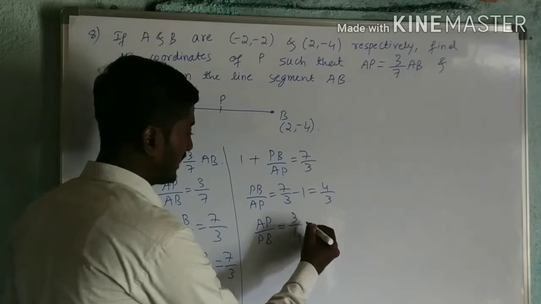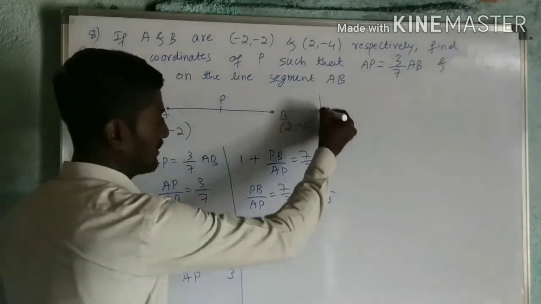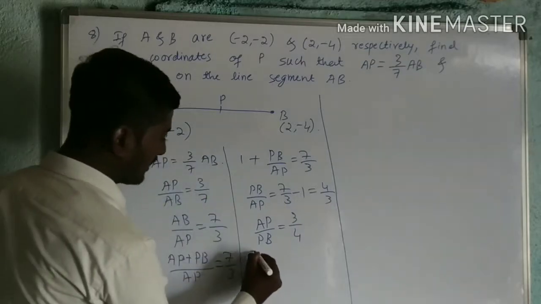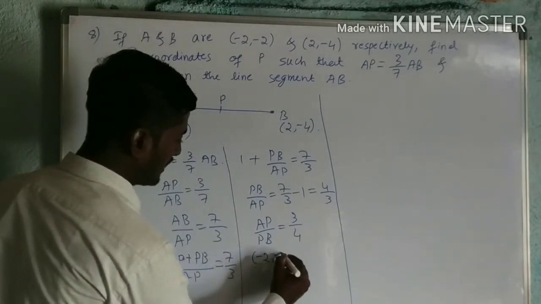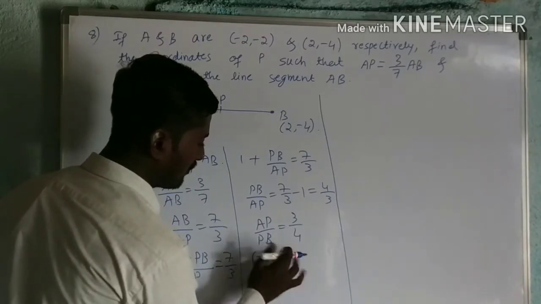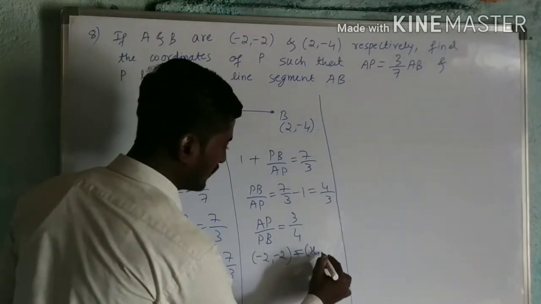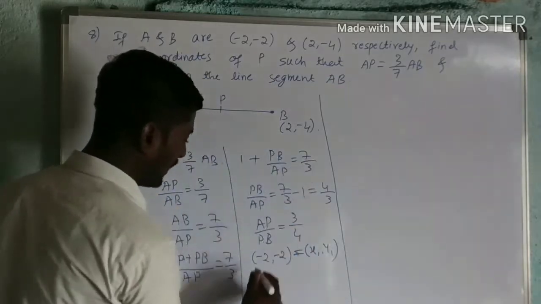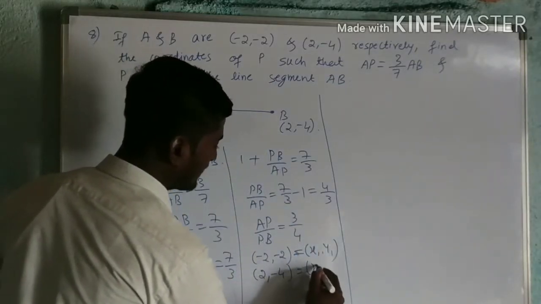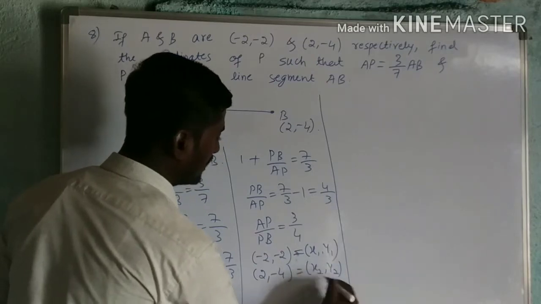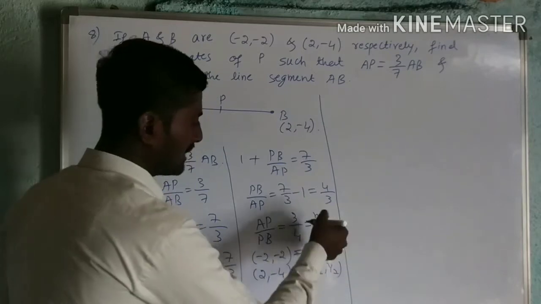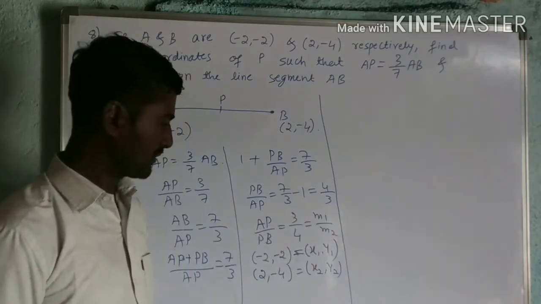So once again, now what are the values? Here first point I will take (-2, -2) as x1, y1. Second point (2, -4) I will take as x2, y2. So this I will take as M1 divided by M2, or M1 is to M2, both same only.